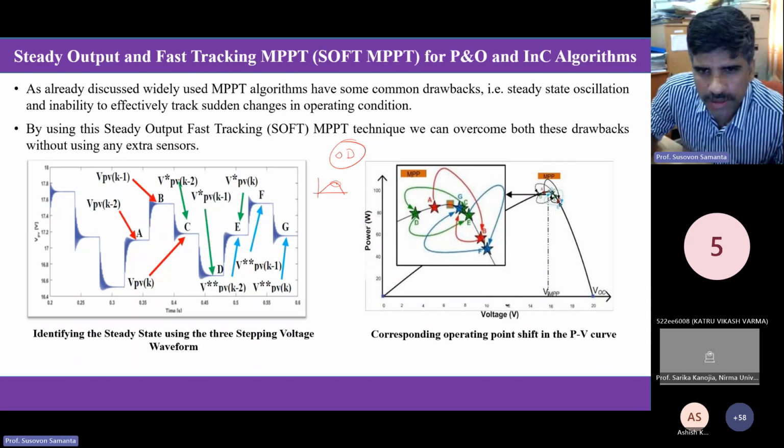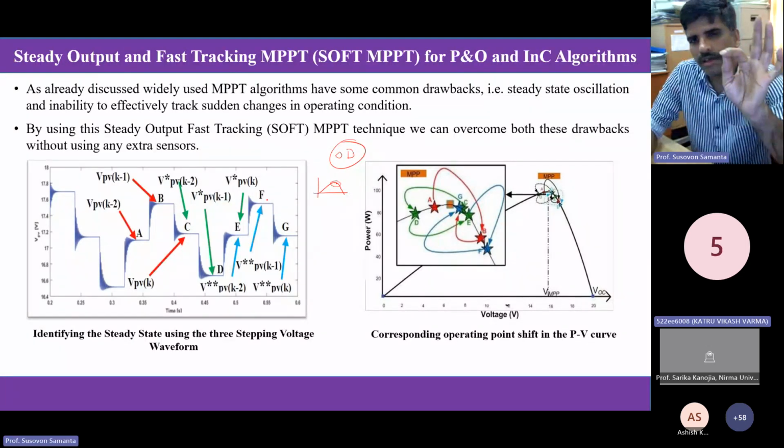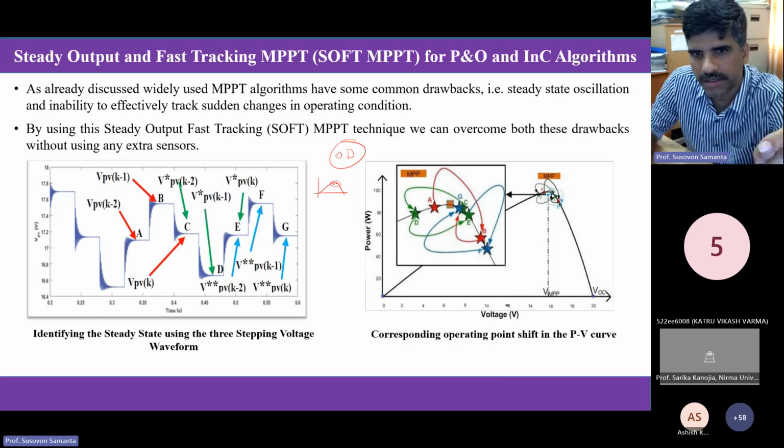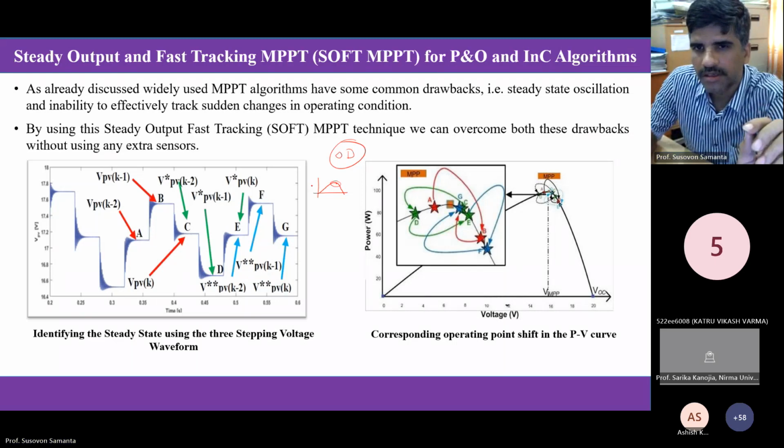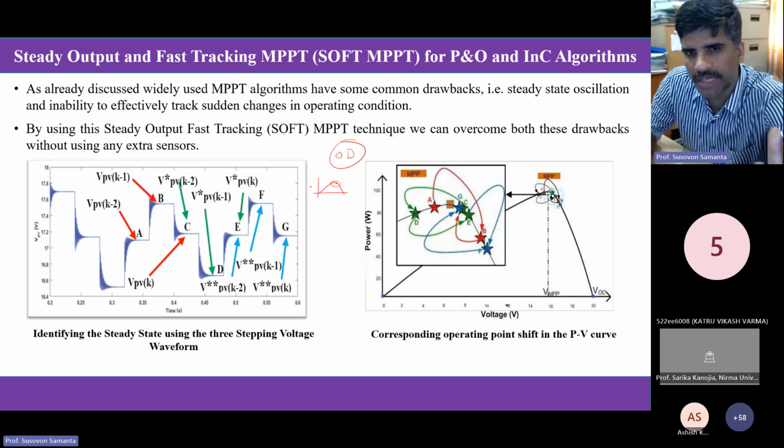So what is the nearest point around that MPPT point? And if I lock at that point, then I don't have any oscillation, and I will almost get the maximum power.